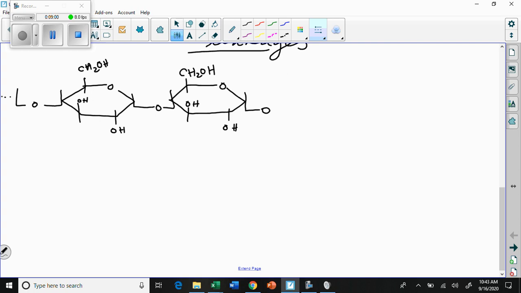that attaches here, instead of attaching to another alpha glucose on the left side, these particular animal cells have an enzyme that can cause it to react with the OH up here instead. So it's the same thing. It's two OH groups interacting and forming, it's a dehydration reaction, but it's just a different spot where it's happening. Because remember, glucose has lots of OHs, right?